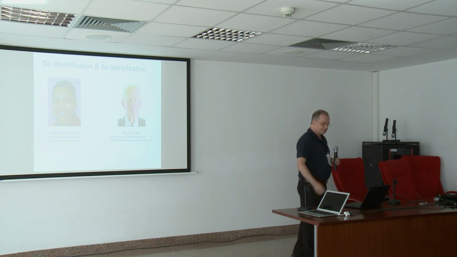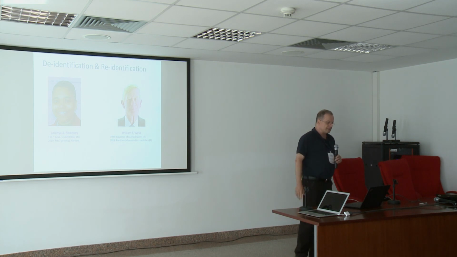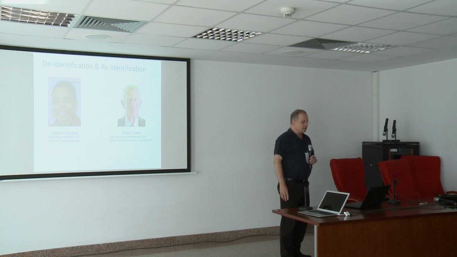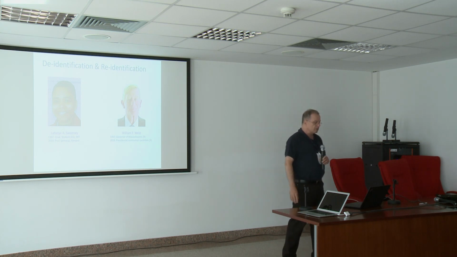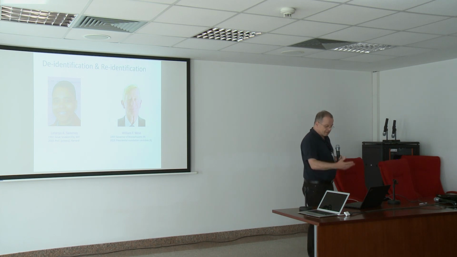A very interesting person. And on the left is a lady called Latanya Sweeney, who in 1997 was a graduate student in computer science at MIT. And nowadays, she's a big name in connection to privacy in Harvard. And that's their story.